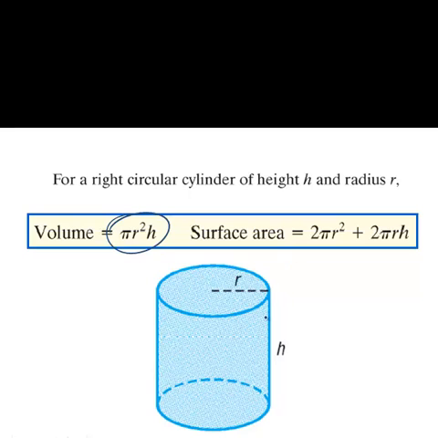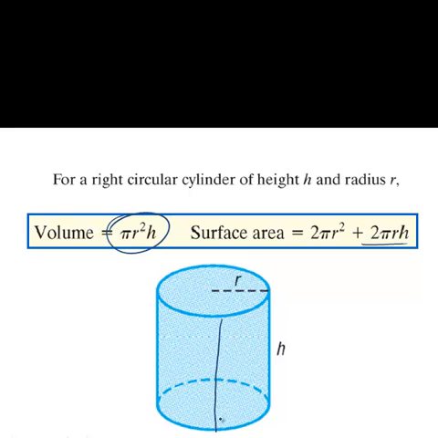Now, the surface area of the right circular cylinder is going to be the sum of the areas for the top and the bottom and the lateral area. 2 times pi times r squared will give you the area of both the top and the bottom together. Pi r squared, of course, is the area of the circle. Multiply by 2, that'll give you the top and the bottom. Now, for the 2 times pi times r times h, think about this lateral area.